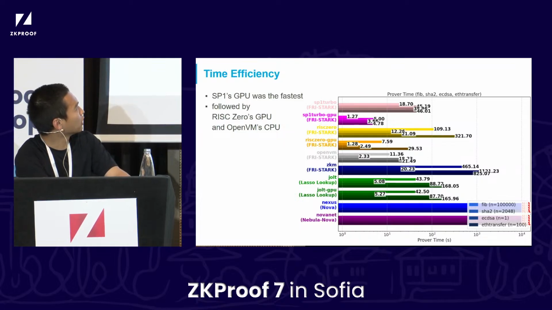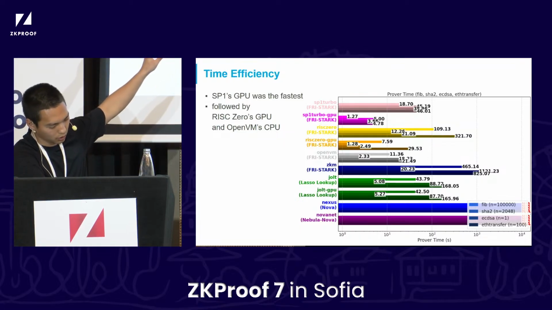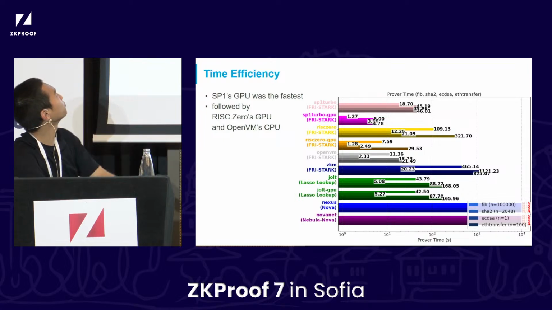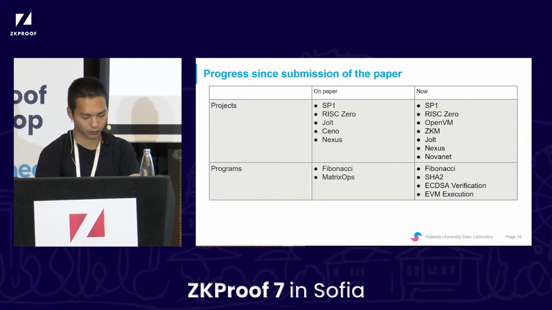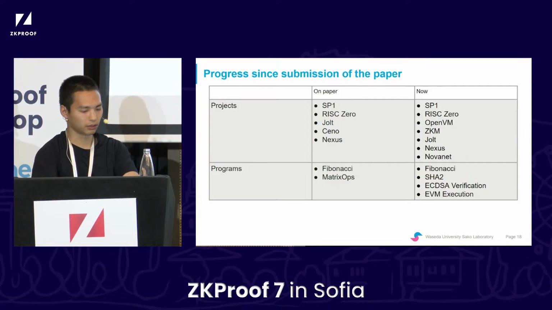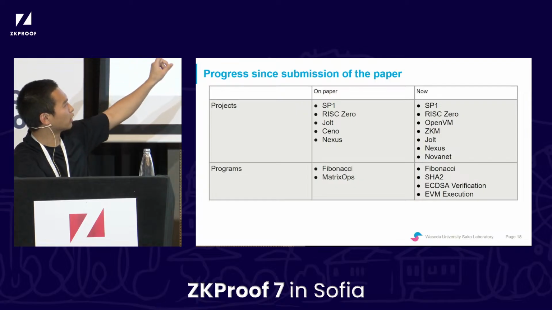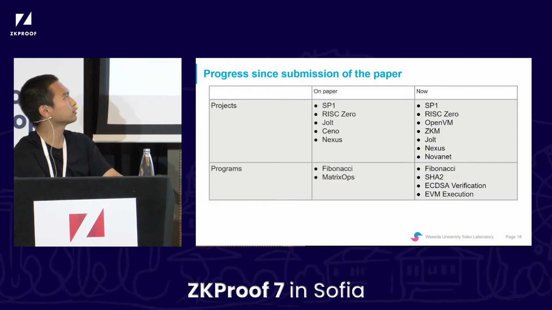So overall, SP1's GPU was the fastest, followed by RISC Zero's GPU and OpenVM's CPU. At the time of the paper submission, we had compared only 5 projects and 2 programs, Fibonacci and matrix operations.